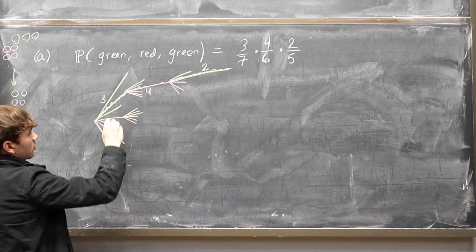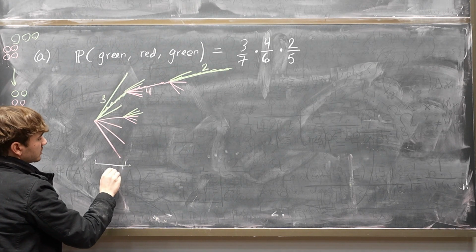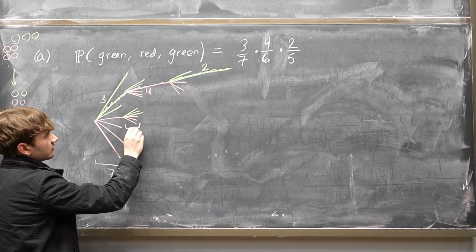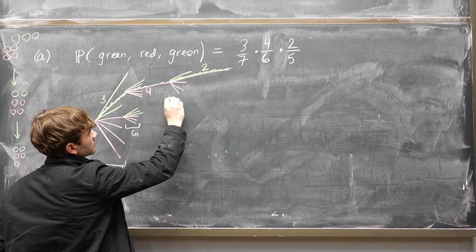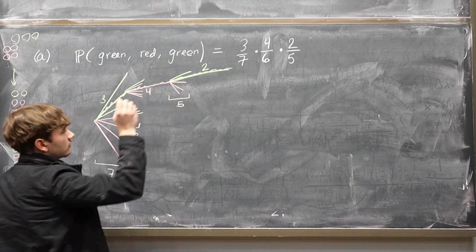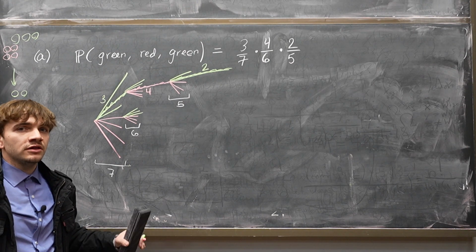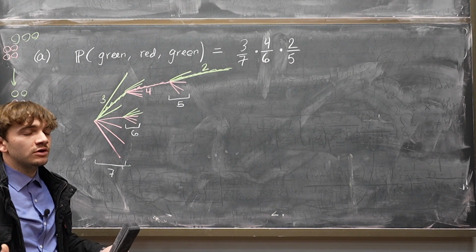Okay, and then yeah, again, to emphasize, the denominators are just the total number of branches. So here's 7 total branches, and then each of these splits off into 6 total branches, and each of these splits off into 5 branches. Okay, so this is an intuitive understanding of why these probabilities are multiplying in the way that they are. And underlying this whole discussion is the fact that our sample space is equiprobable.